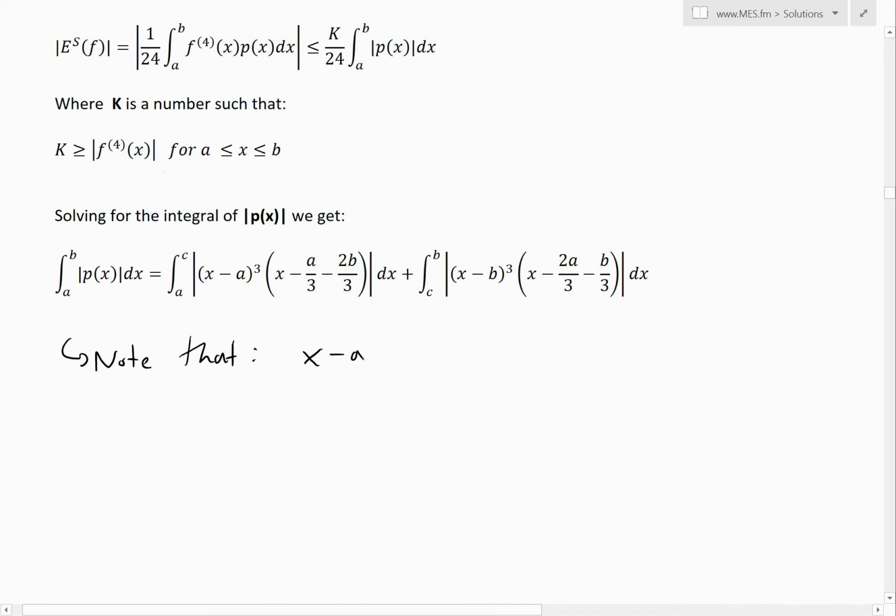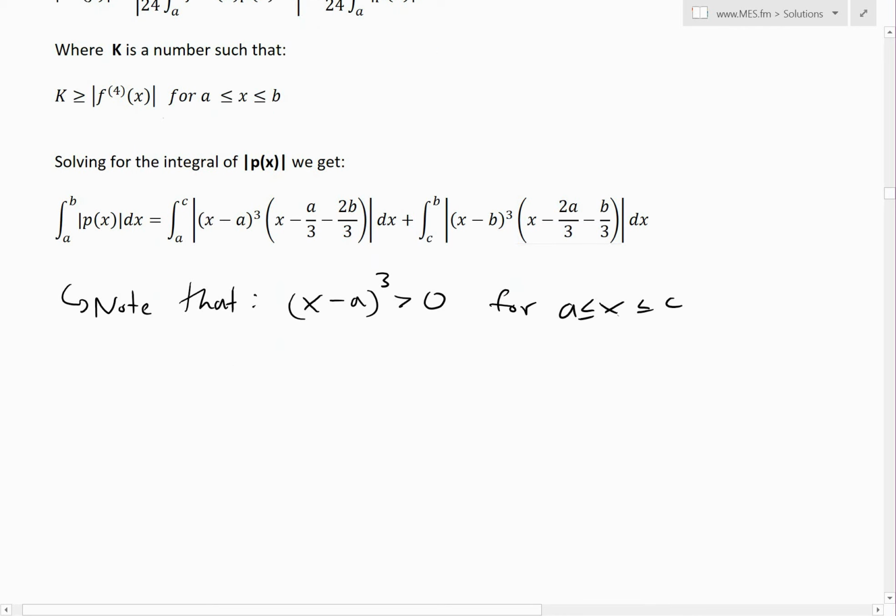x minus a cubed is greater than 0 for this part right here. X is less than c, and in this case x is always greater than a, so this is always positive.